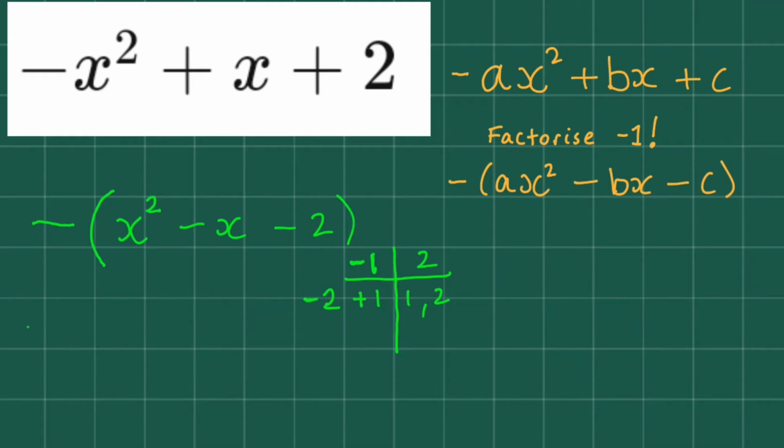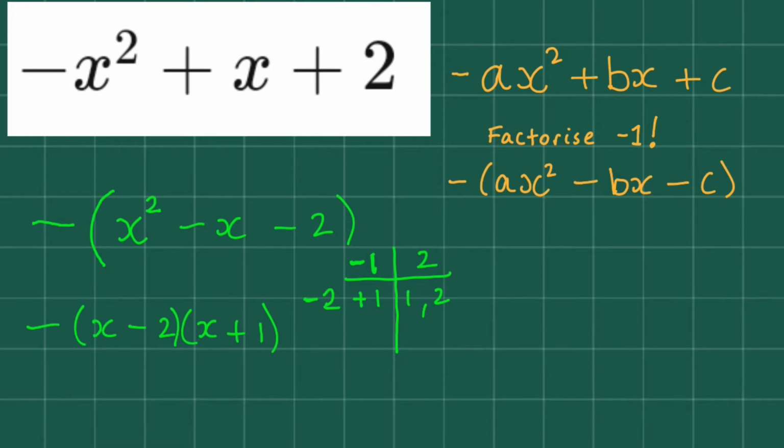And then that just goes into our brackets. And then we factorized it. Now this is perfectly fine. It's in 2 brackets. If I expand it, it will be the same as the original question.